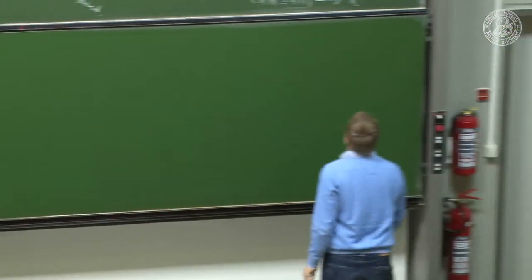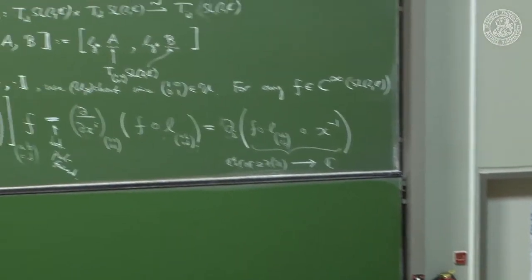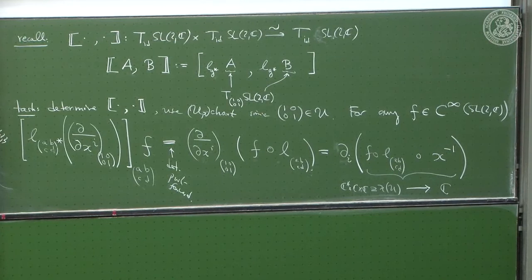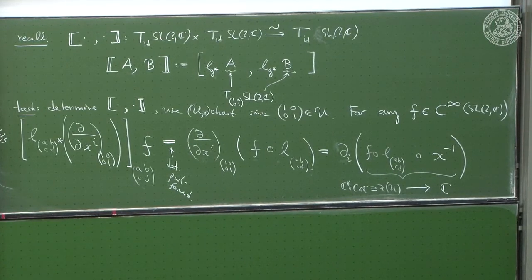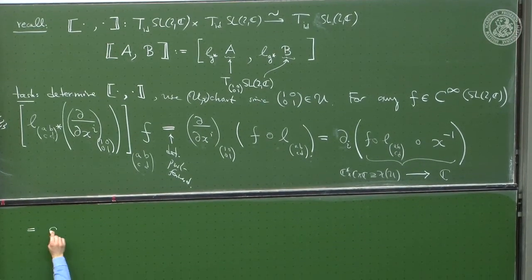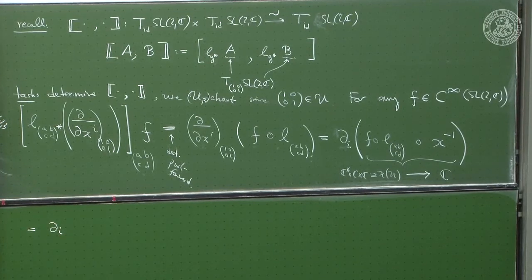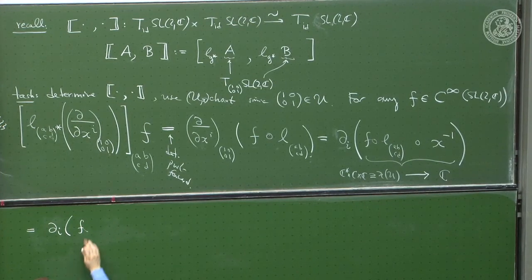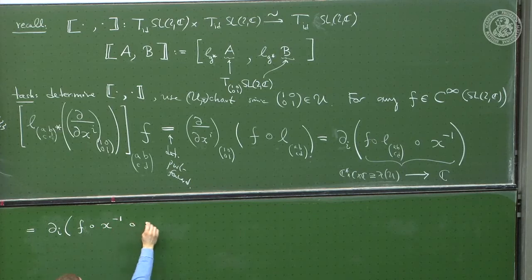Now, this makes sense, but now I want to go one step further, and I insert yet another pair of chart map and inverse chart map. I write del i, Li of f after x inverse after x.